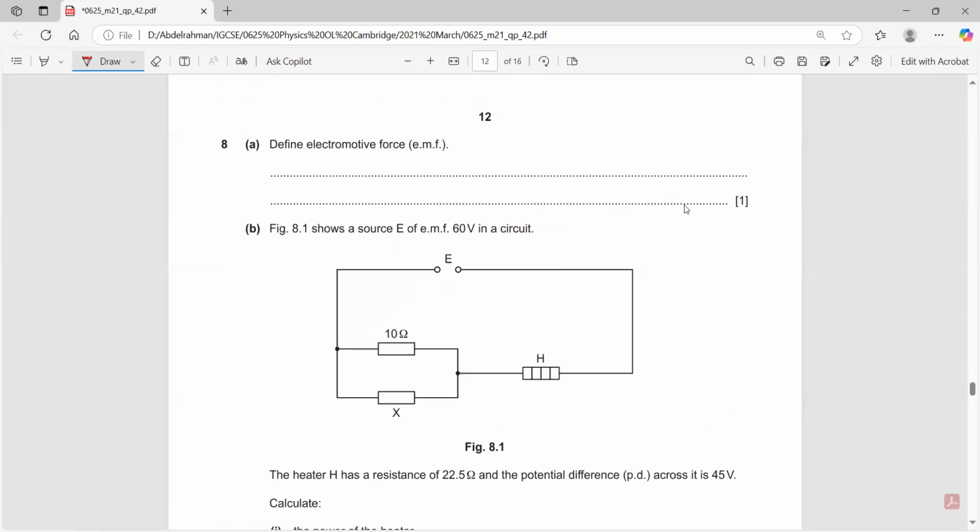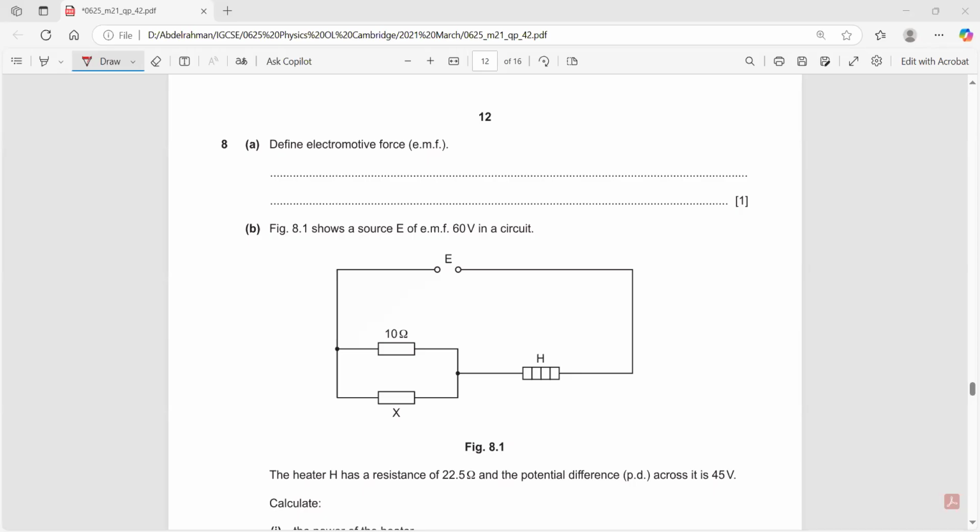Define electromotive force. What is the electromotive force? Yes, it is the work done. You have to think about it this way: it is the work done by the source in moving a unit charge around a complete circuit.